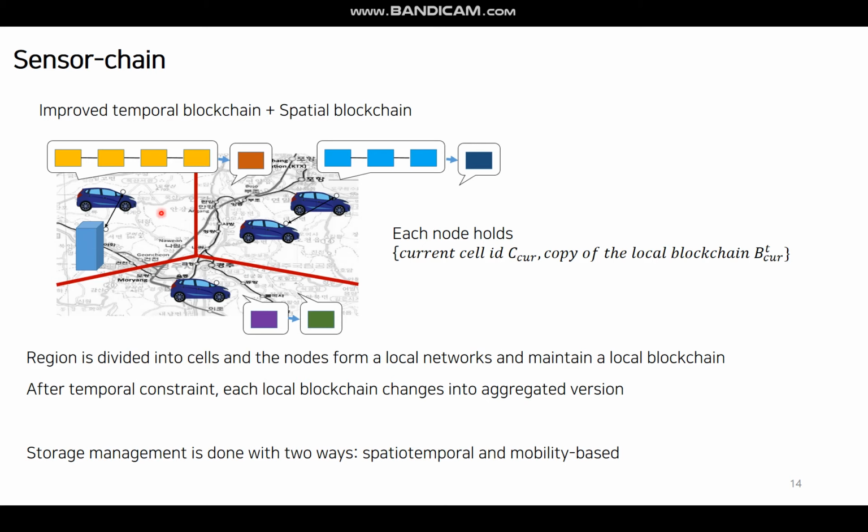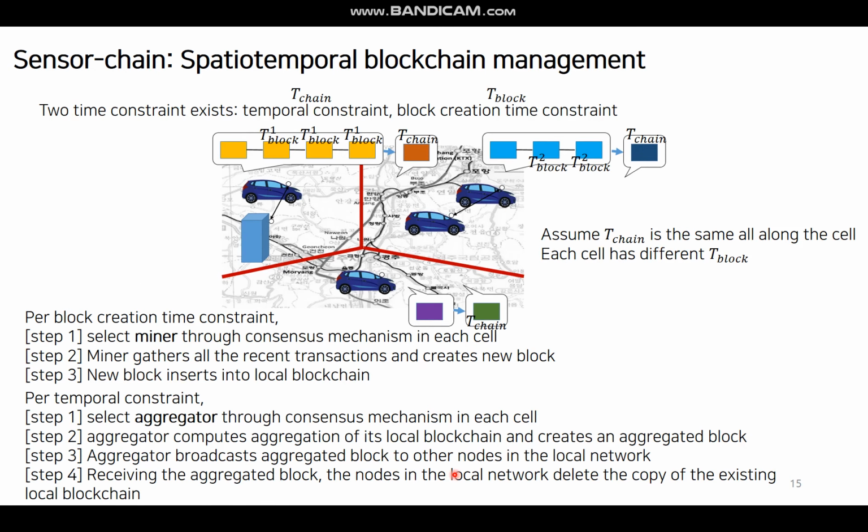And the storage management is done in two ways. One is spatio-temporal, and the other is mobility-based storage management. These two storage managements are both used in the sensor chain. The first storage management step is the spatio-temporal blockchain management. There are two time constraints. One is the temporal constraint, and the other is the block creation time constraint.